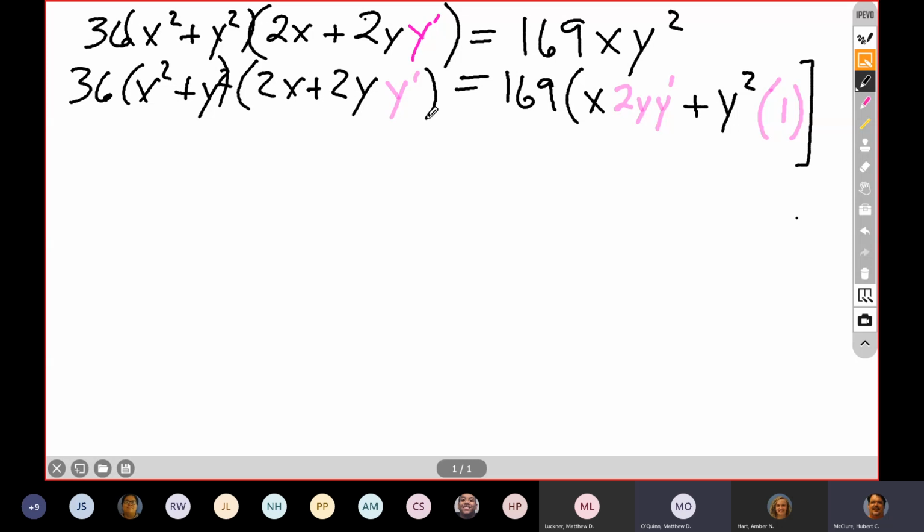Some of y'all are thinking, should I quit? I've got a whole middle page of nothing but distributive law. And it is messy, let me tell you.